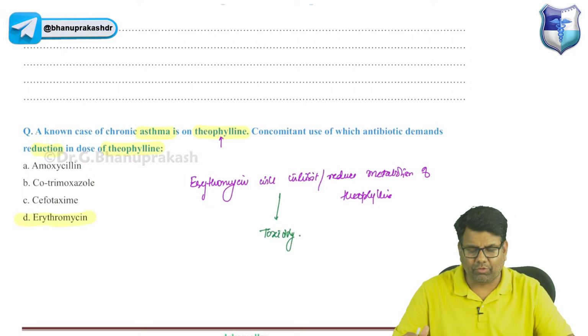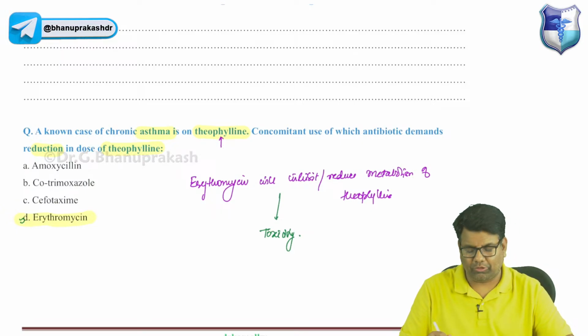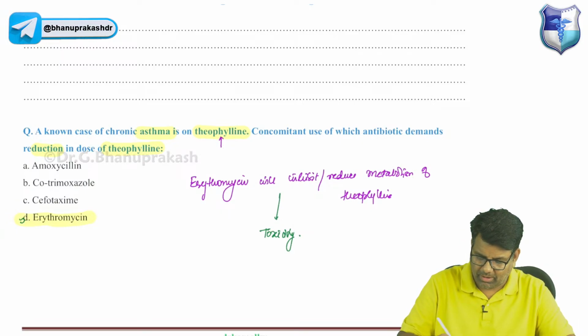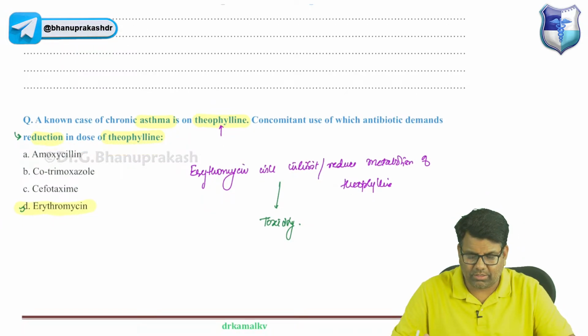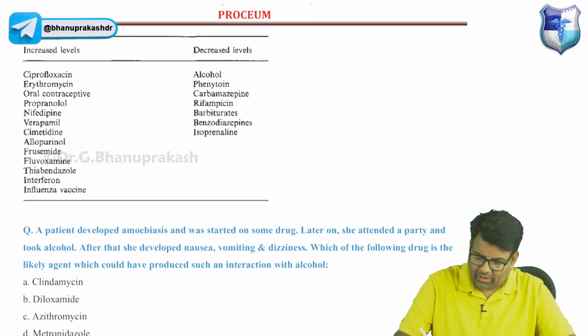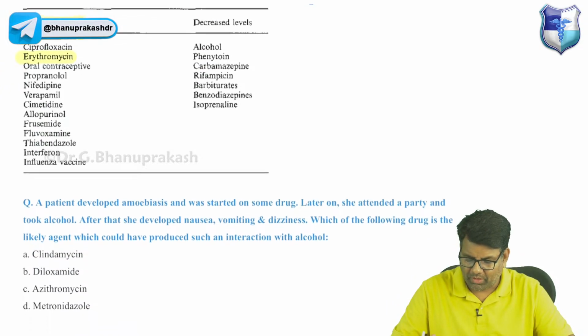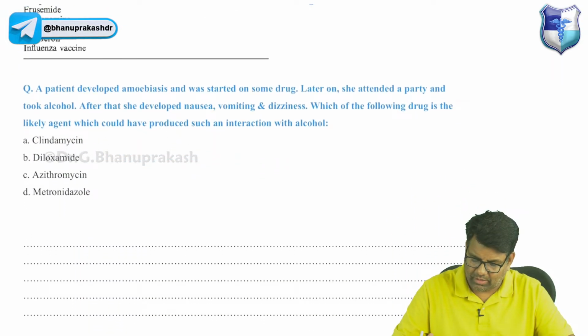So you have to reduce the amount of theophylline if you are concurrently giving erythromycin. This is the reason why we need to add this. It will inhibit the metabolism of theophylline, and that will increase the levels of theophylline in the body. So we have to reduce the amount.